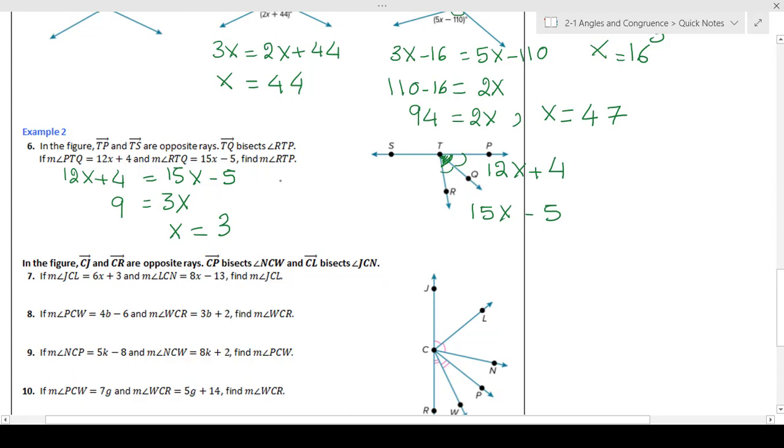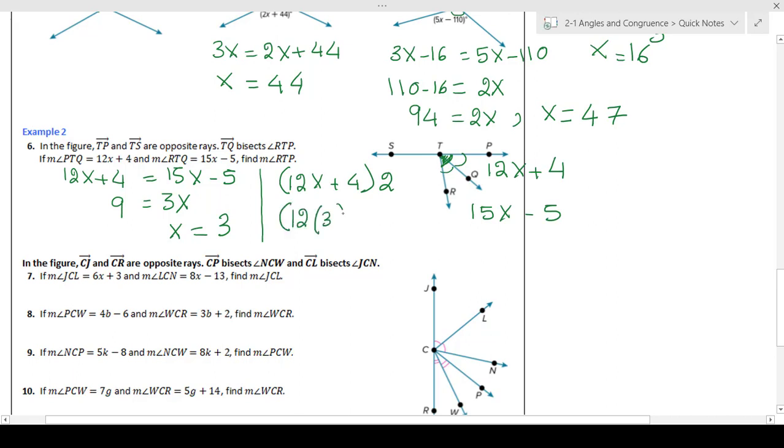Now I got the x. I want to find the whole angle. I can do just one step. I can substitute x equals 3 in any of these two expressions, and then multiply it by 2, because they are both the same.